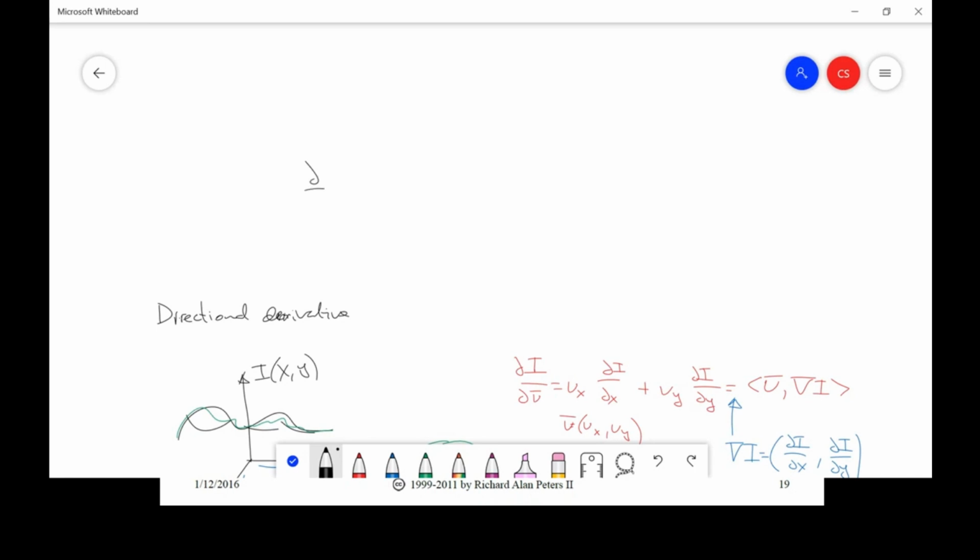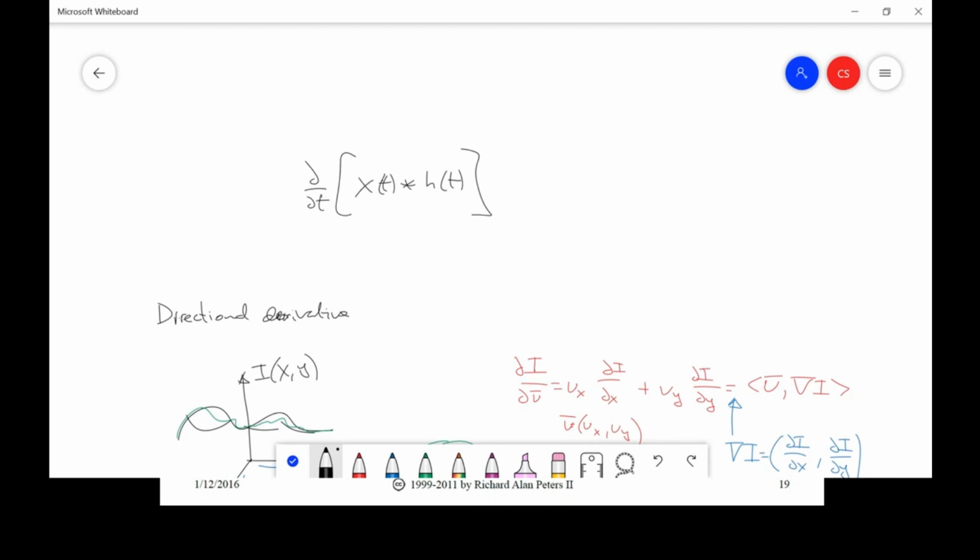Let's say that I want to compute the derivative with respect to t, using the one-dimensional argument again, of x of t convolved with h of t.